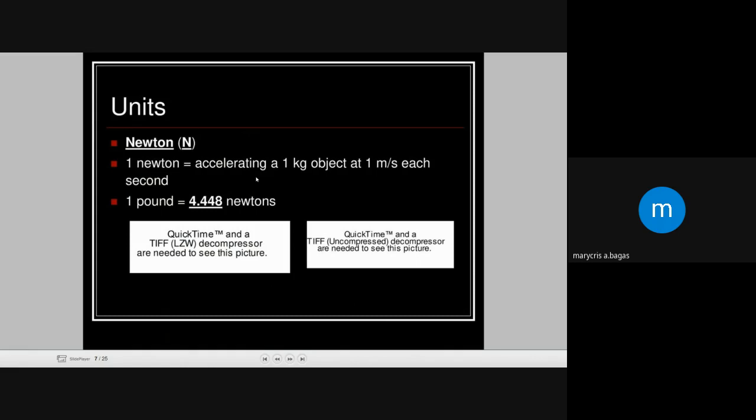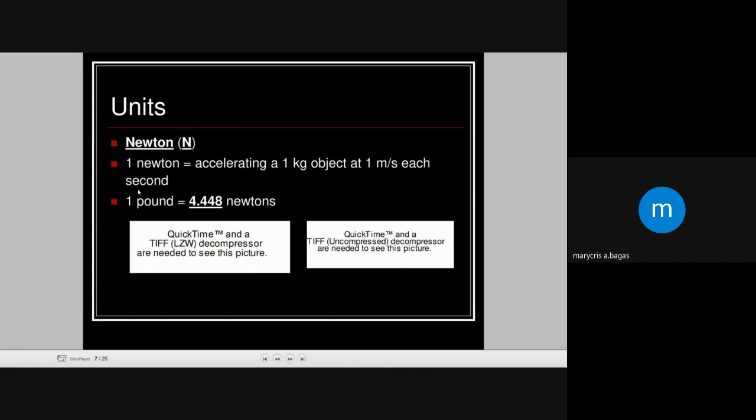Okay, next. Units. Newton, or we write it as N. One newton is the force accelerating a 1 kilogram object at 1 meter per second squared. One pound is equivalent to 4.448 newtons.